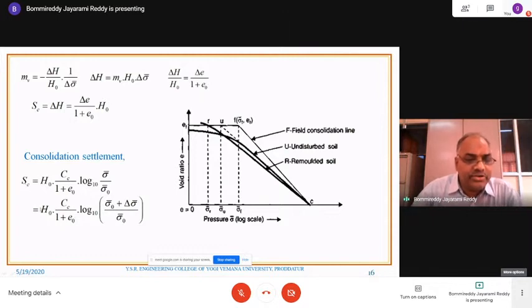Consolidation settlement equal to H naught CC by 1 plus E naught log 10 of sigma naught plus delta sigma by sigma naught. Most important formula from the point of view of the examination. You have to remember it systematically.